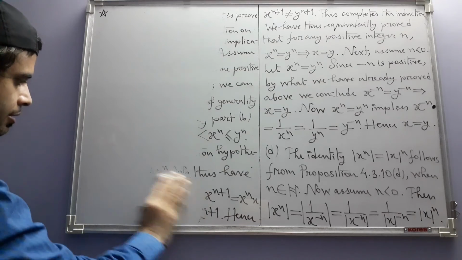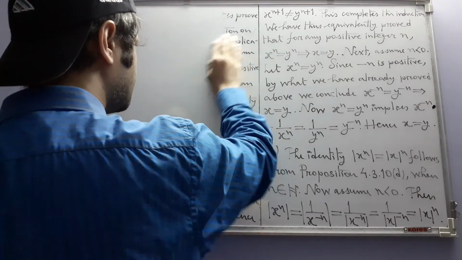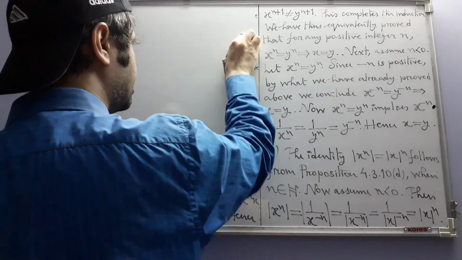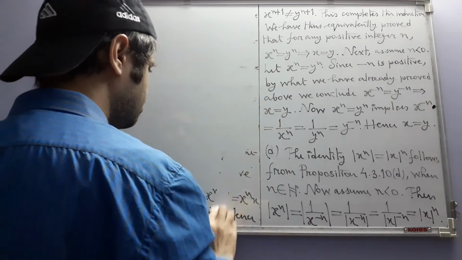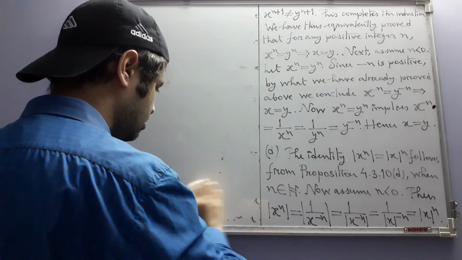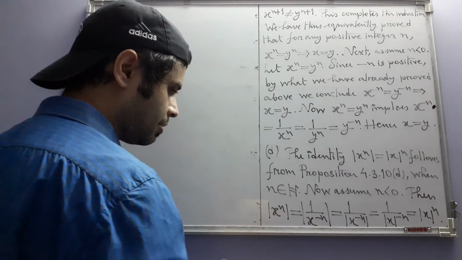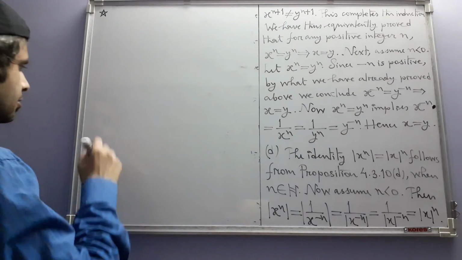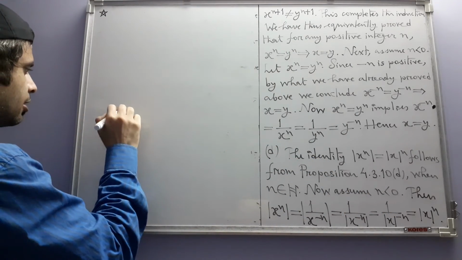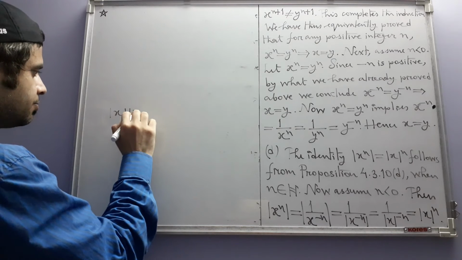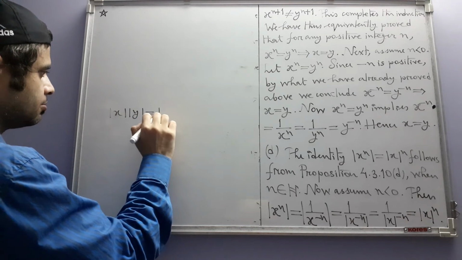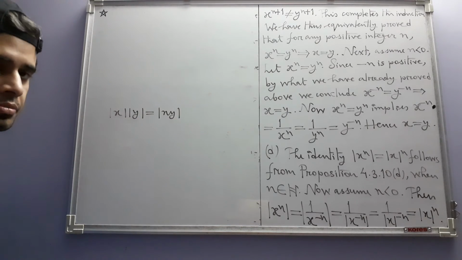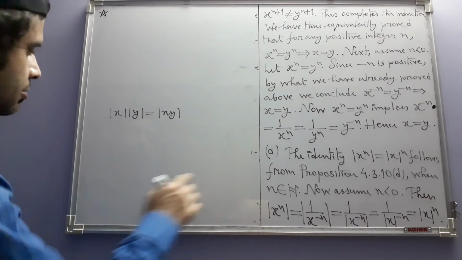Recall that result when we proved basic properties of absolute value and distance in a previous result. There we came across this identity that if we have two rational numbers x and y, then this is equal to xy.